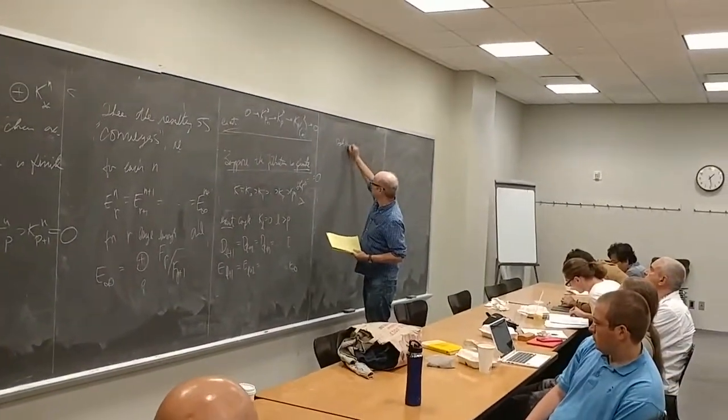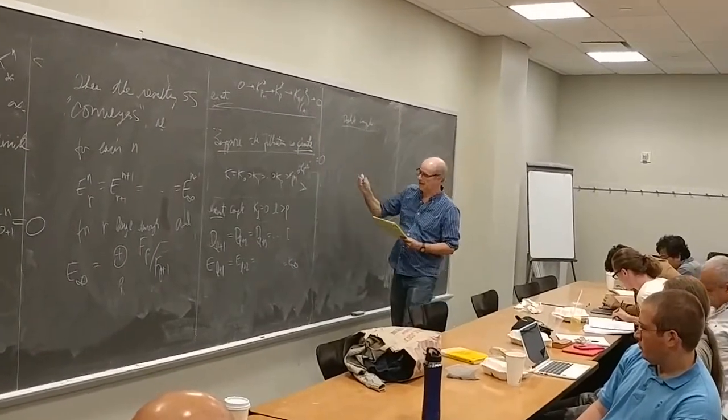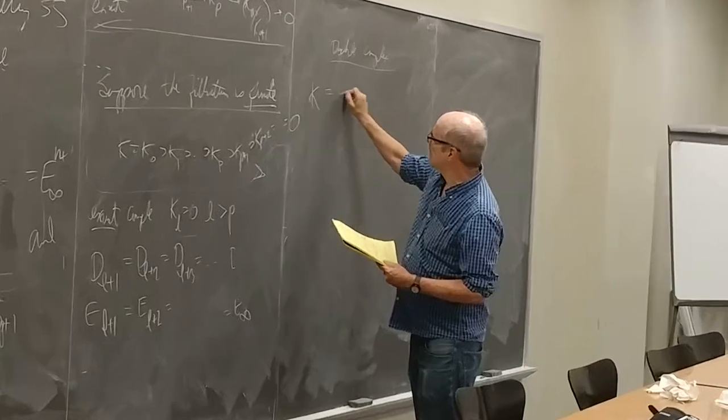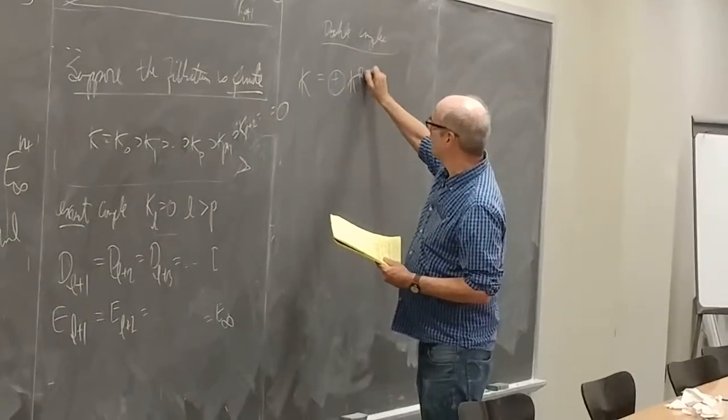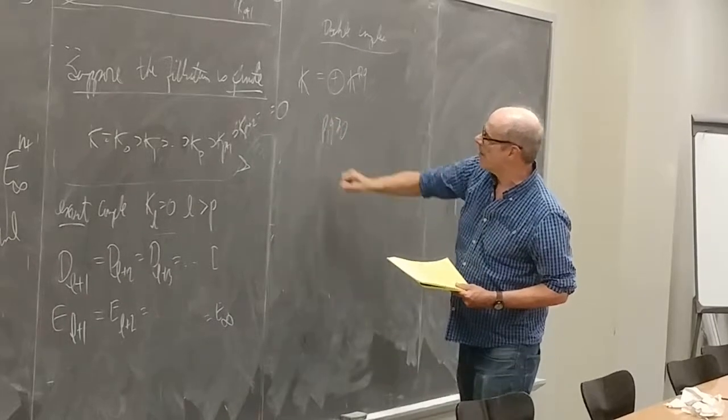I'll go through this with a little bit of haste. A double complex is a bigraded abelian group. I'm going to assume that it's non-negatively graded.